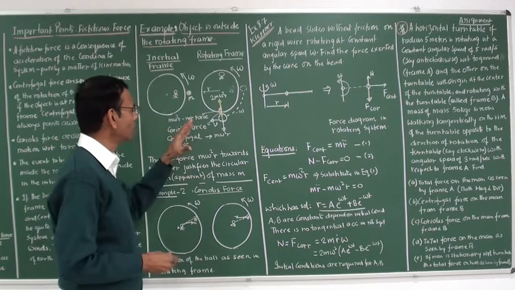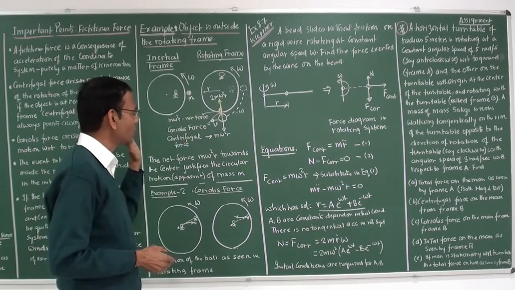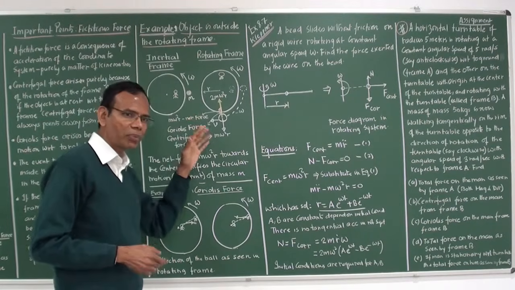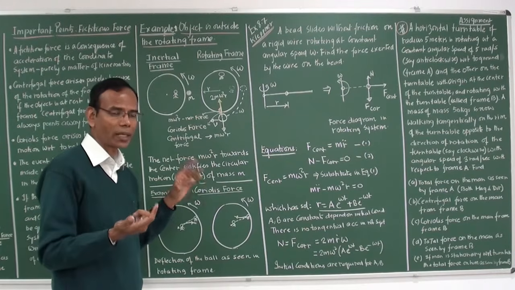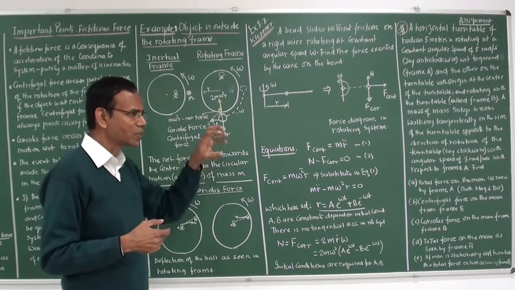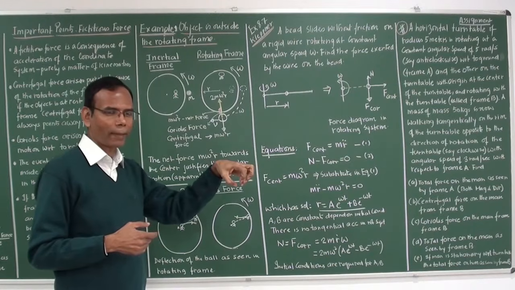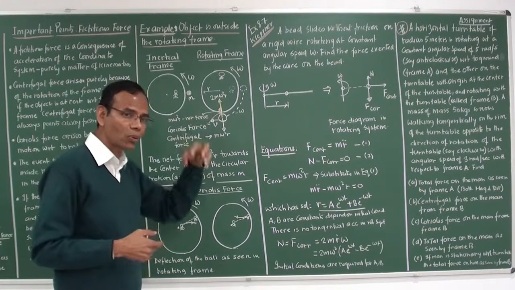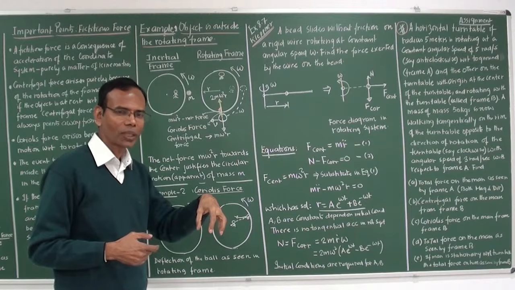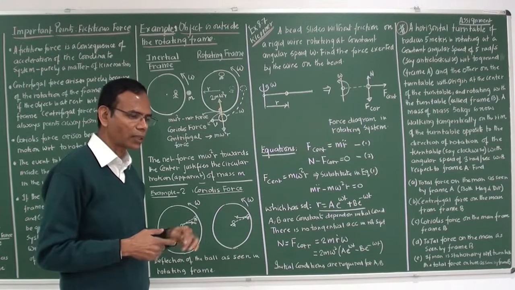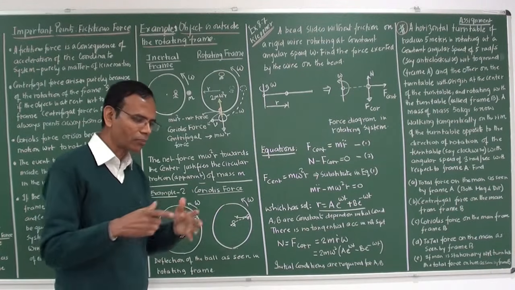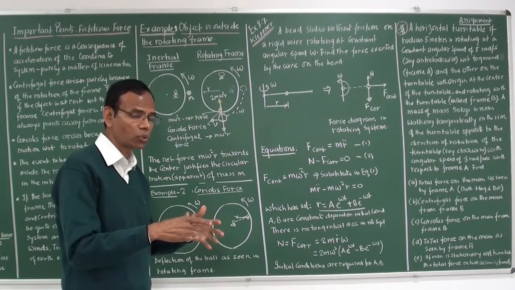But here, I must stress that the example is just the opposite of the first one that we have discussed. In the first one, the coin is inside the frame. Now the coin is outside the frame. If the coin is outside, in the inertial frame, from there I am observing zero force.